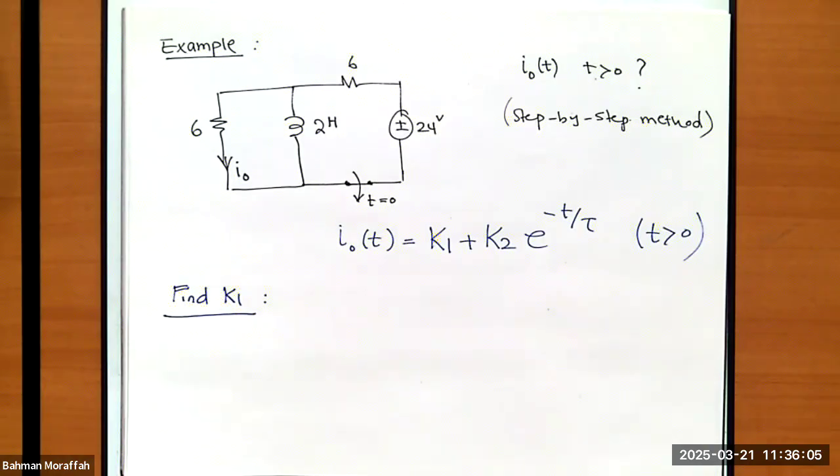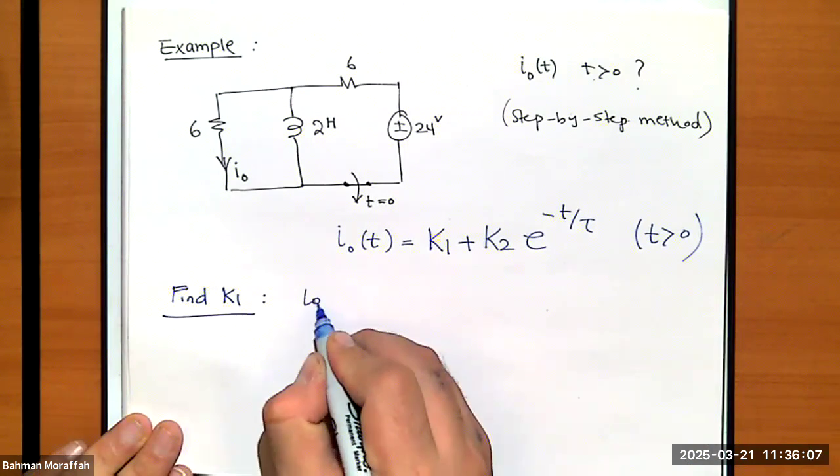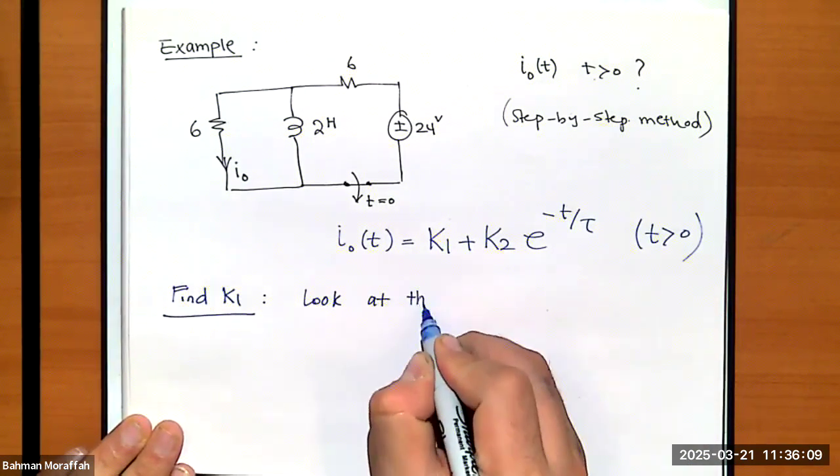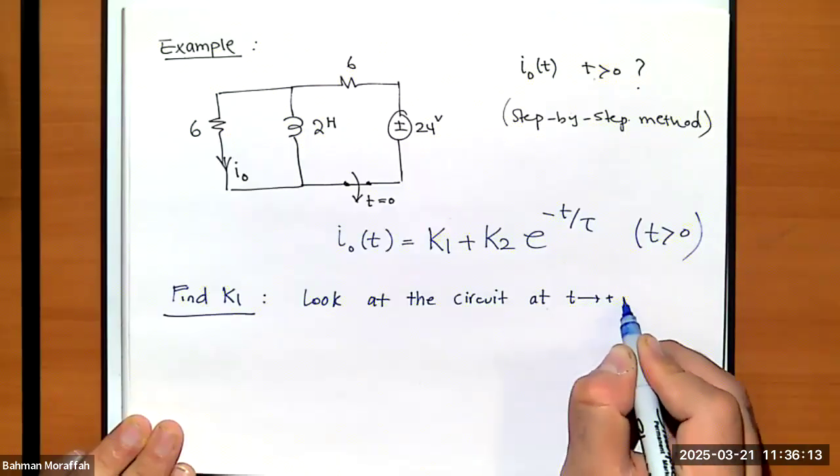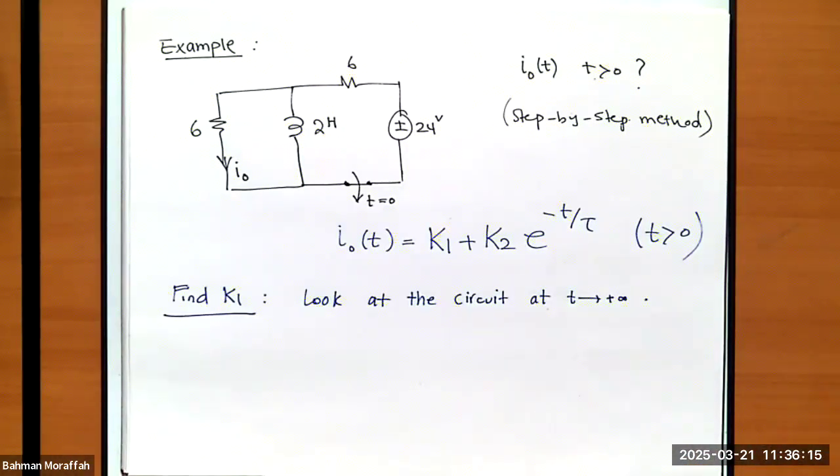So let's look at the circuit at time approaching infinity. But what does the circuit look like at time infinity? Well, I know time infinity is still greater than 0. What it means is that the switch is open.